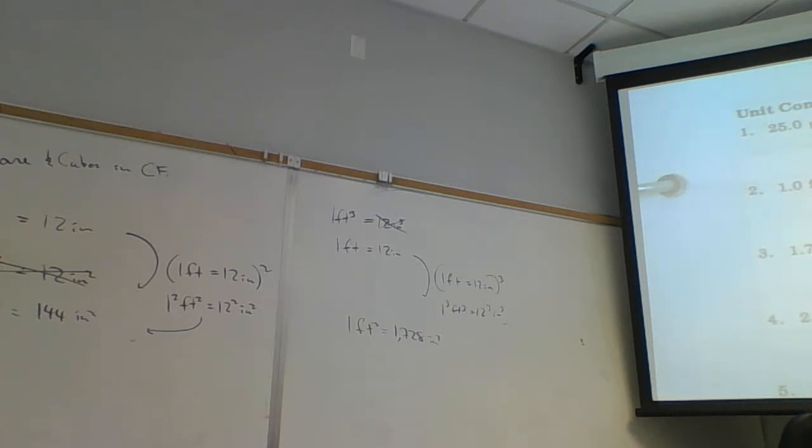Then we're going to go from inches to centimeters. I know that there's exactly 2.54 centimeters per inch, and then square the whole thing. And then I'll go from centimeters to millimeters. There are 10 millimeters for every centimeter, and then square the whole thing. So this should give it to me.